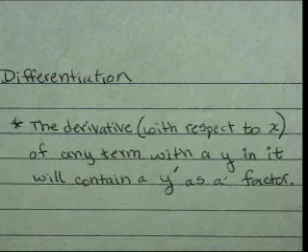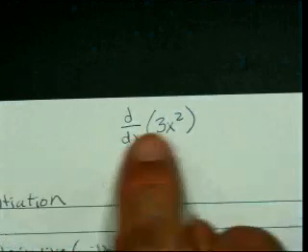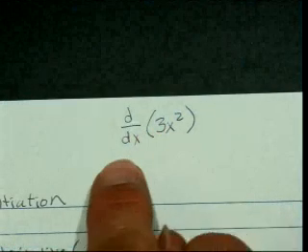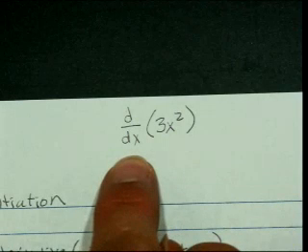Again, let's say a problem that we had been doing in section 3.2, we wanted to find the derivative of x squared. If you look back in your notes, you may not have known why I was doing it at the time, but I wrote the derivative of 3x squared with respect to x. You remember me writing it this way? Yeah.